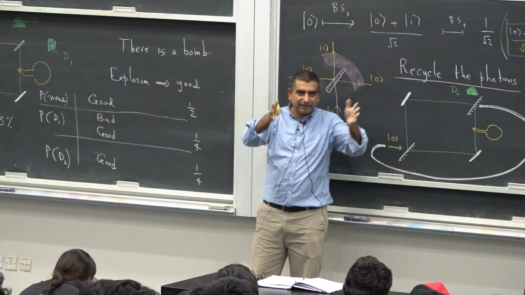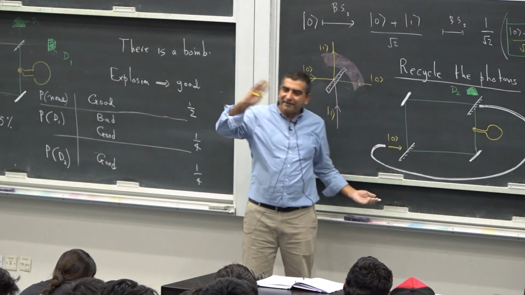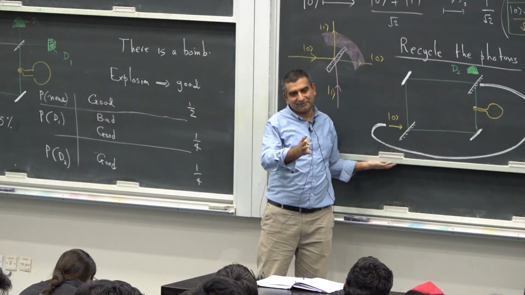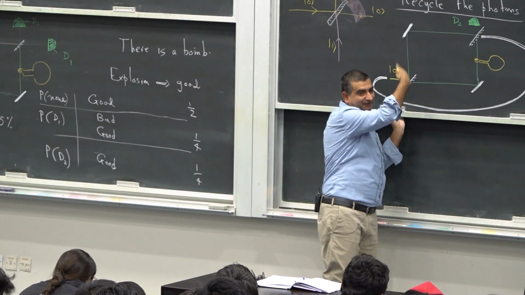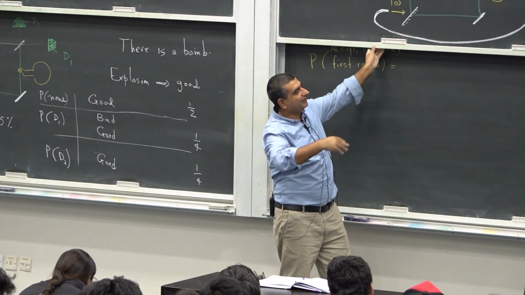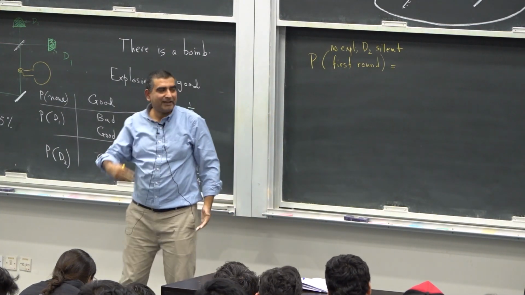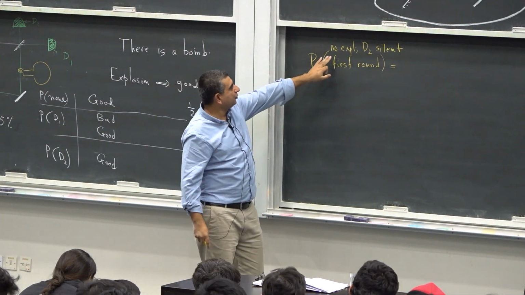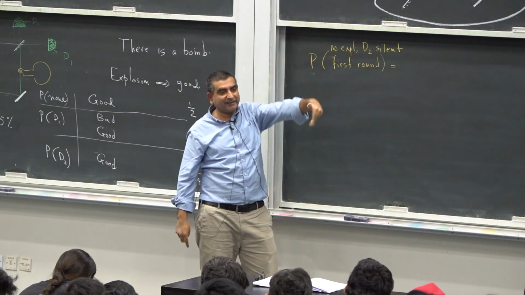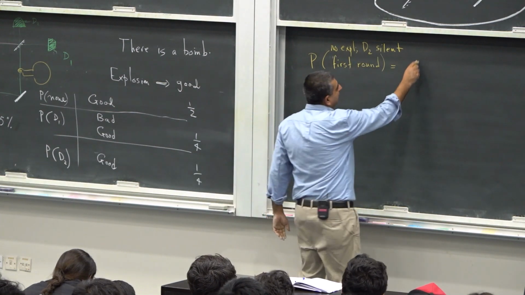Okay, got it? So now in the second round of the photon, it might take a few nanoseconds for the same recycled photon to enter the system. Now in the first round, no explosion and D2 remaining silent has a probability 1 by 4.